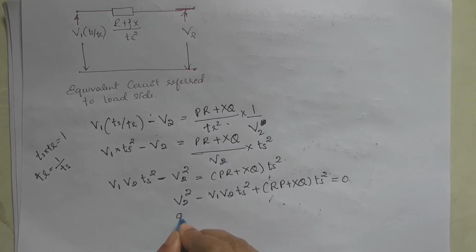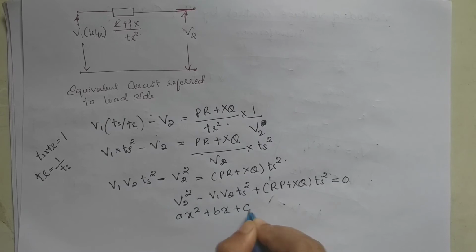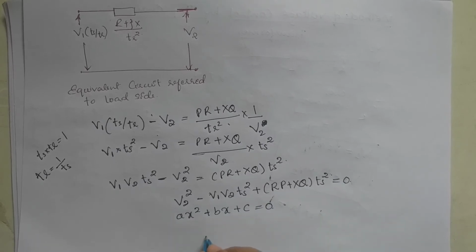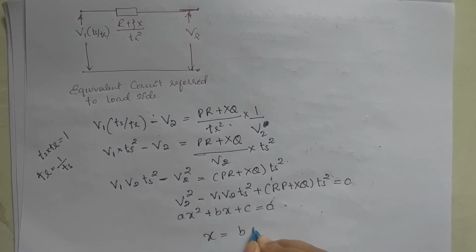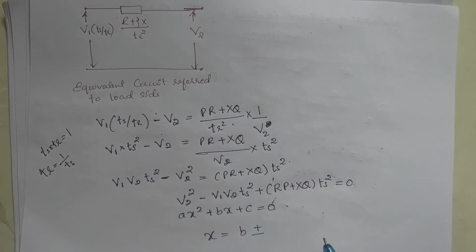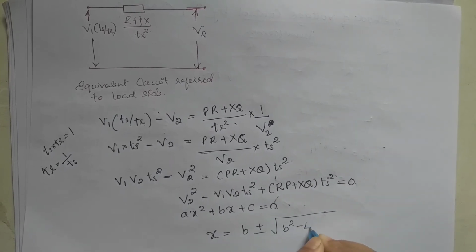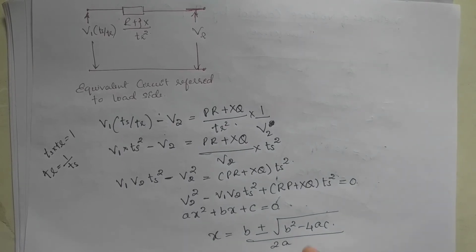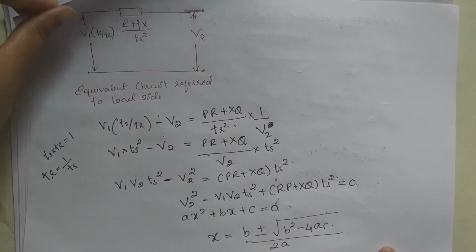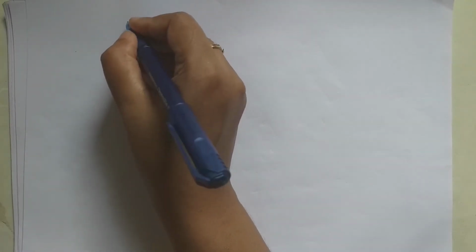So this is in the form of Ax square plus Bx plus C equal to 0. How do we get the value of x? x is equal to minus B plus or minus the square root of B square minus 4AC, divided by 2A. In that way, we find the value of V2.